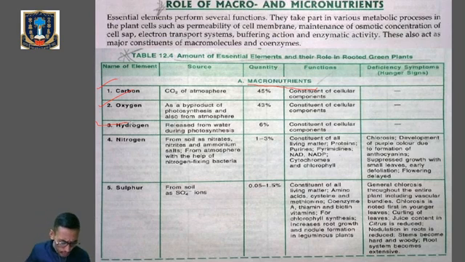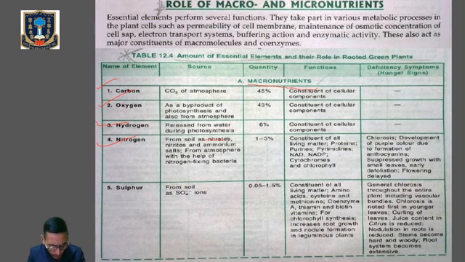Now we will talk about the most important one, that is nitrogen. The fourth one we are going to talk about is nitrogen. The sources of nitrogen: listen very carefully. Nitrogen is mainly absorbed by the plant as nitrate ions or ammonium ions.